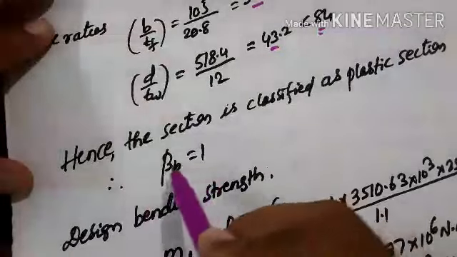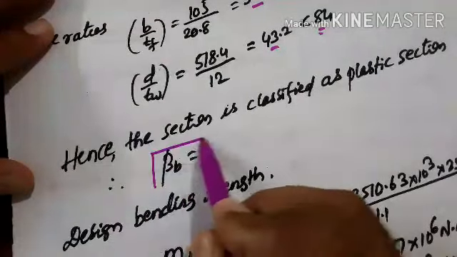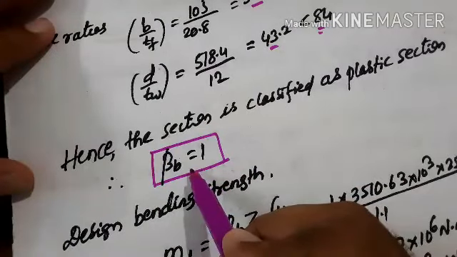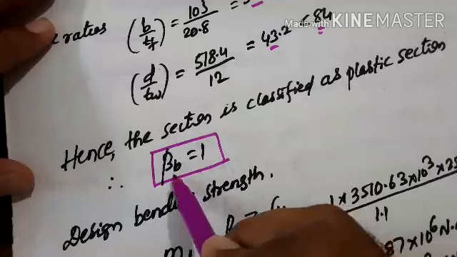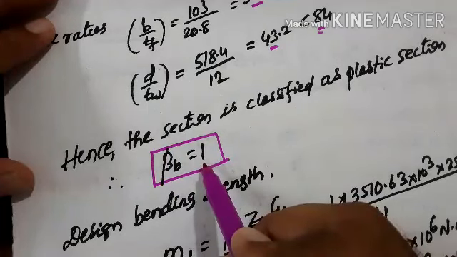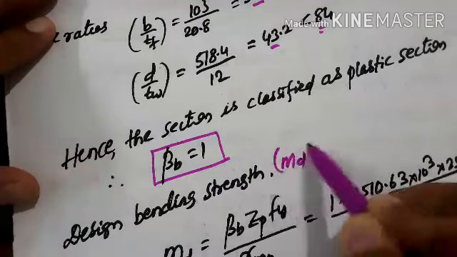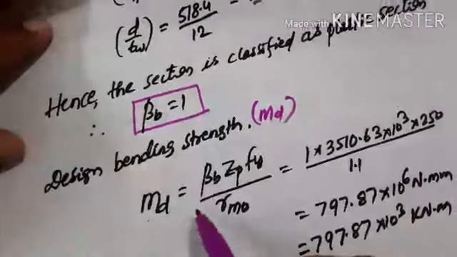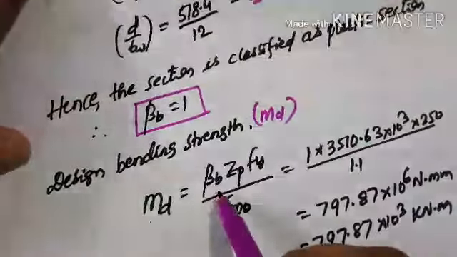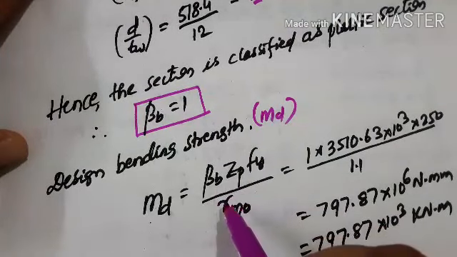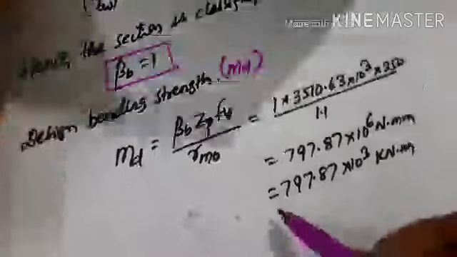Next, once you know the given section is a plastic section, then for a plastic section, beta B is to be taken as 1. Then the design bending strength Md is to be calculated, and the Md formula, as you know, is beta B Zp into fy by gamma m0. You know all these values, substitute here, then get the bending strength.